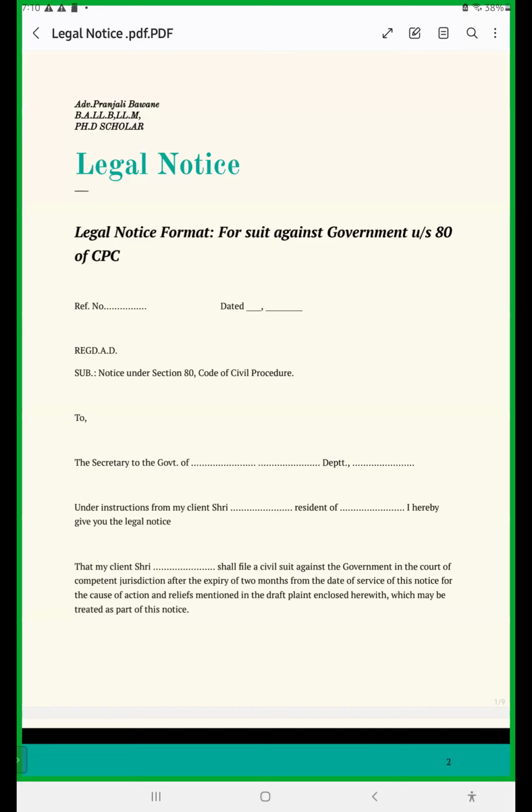Bottom line, the notice can serve as a point of reference to embark upon negotiation between these parties, and this negotiation saves the time, effort and money that is usually spent in court cases. This is the general idea of a legal notice.